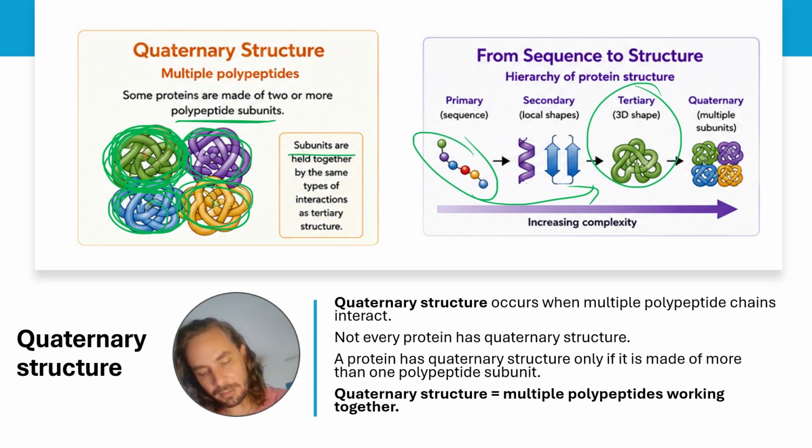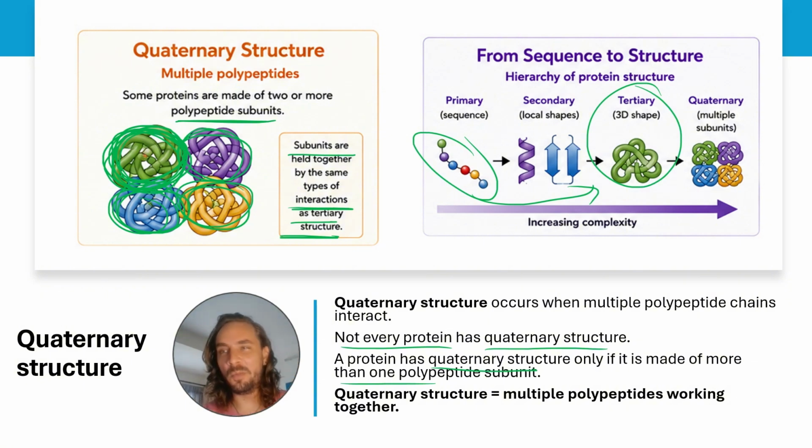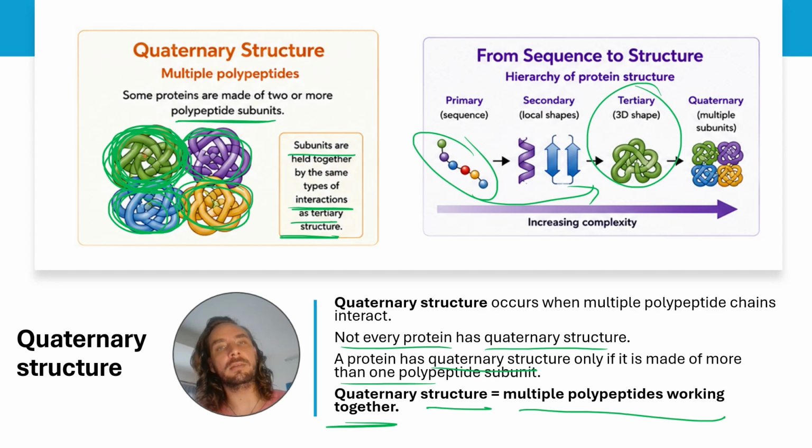Now, the subunits are held together by the same types of interactions as the tertiary structure. Now, it's important to know that not every protein has this structure. It's only quaternary if it's made of more than one polypeptide subunit. And the quaternary structure is multiple polypeptides working together.